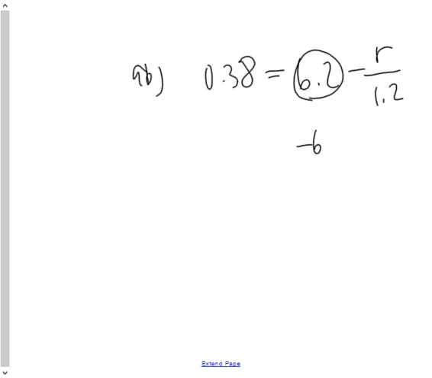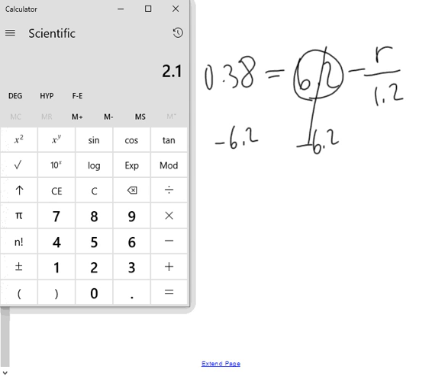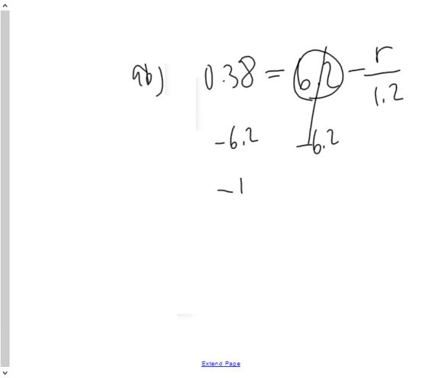I'm going to subtract 6.2 from both sides. I'm not real great at taking a positive 0.38 and subtracting 6.2 from it. So probably I would take my calculator and go 0.38 and a negative 6.2 is negative 5.82.